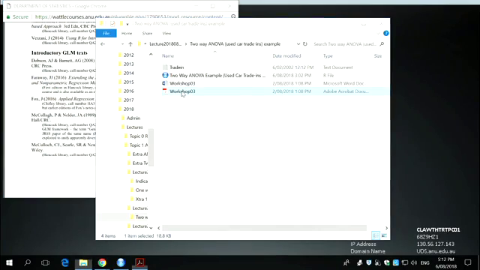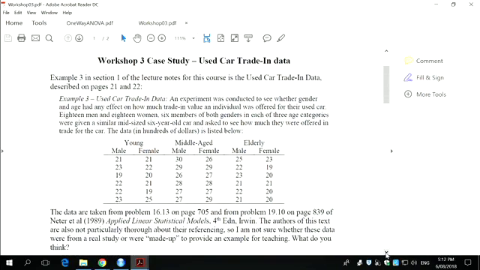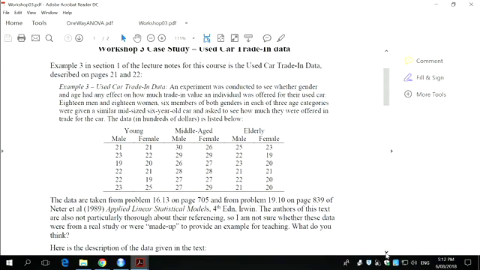Who's had a look at today's workshop? I asked quite a few questions here. Has anyone actually got some answers for me? So, it's used car trading data. We've basically taken 18 men and 18 women, 6 members of both genders in each of 3 age categories.